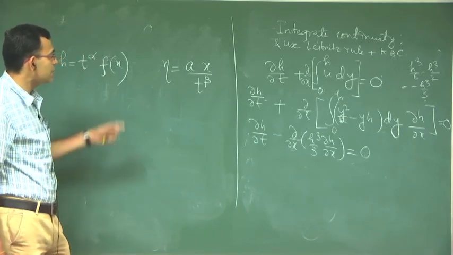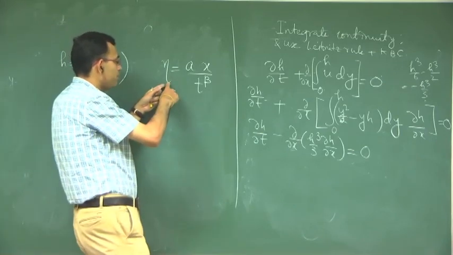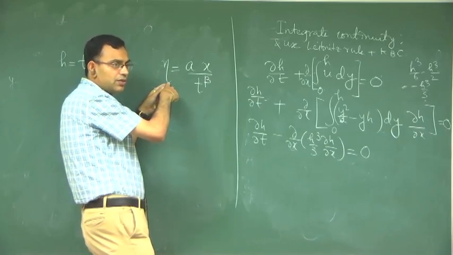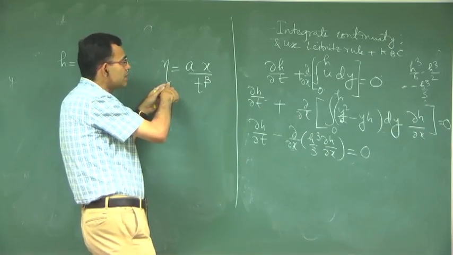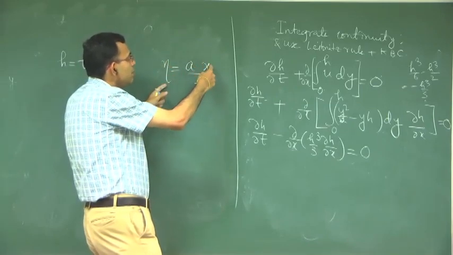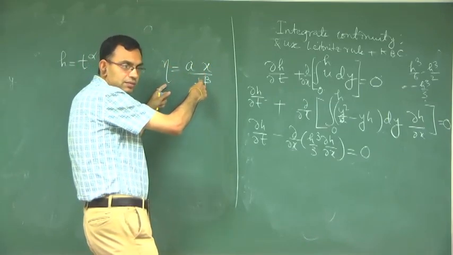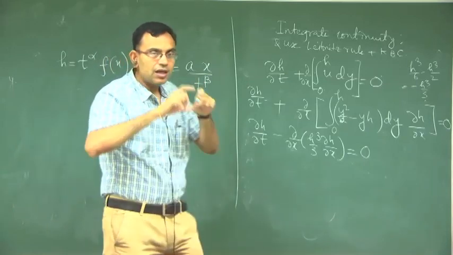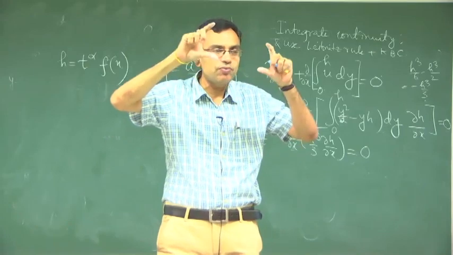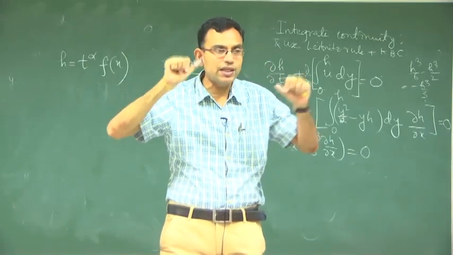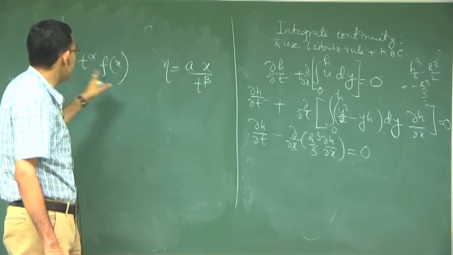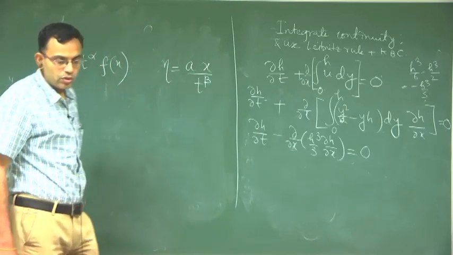So you can see that we form a similarity variable, by combining x and t, because at a given x the height is dependent on t. So, if you freeze x and t together, you may come up with a unique similarity variable that can include the solution.